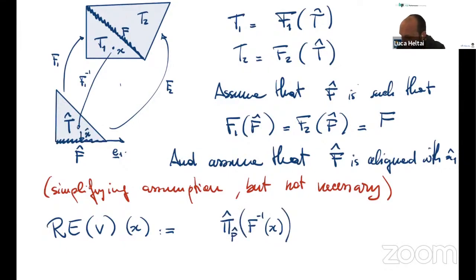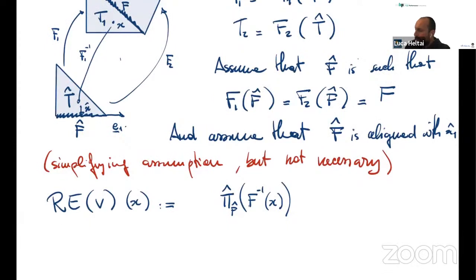I'll write what it is in a second. So pi hat of F hat applied to F1 inverse of x, and then I go back with this point to the corresponding point on the face. So this becomes F1 of that point, and I evaluate the function v, which is defined only on the face.